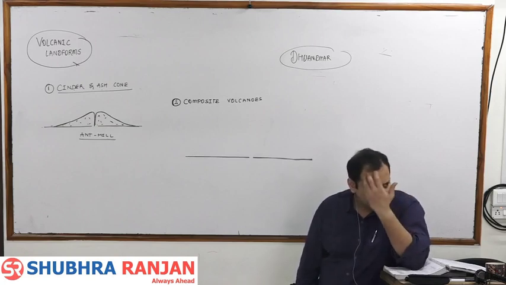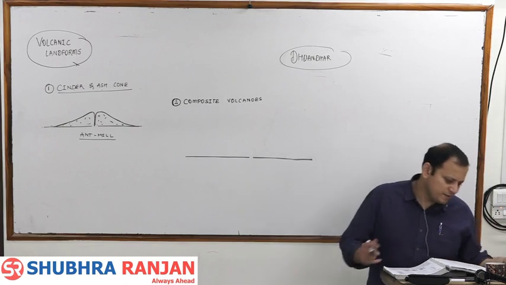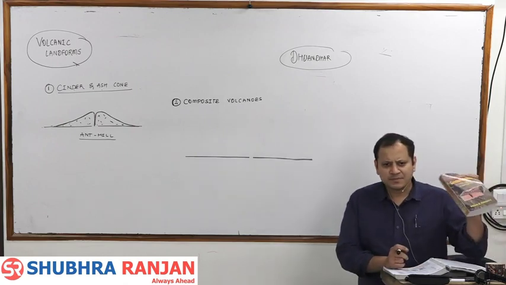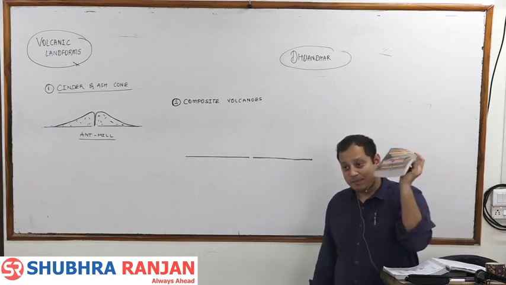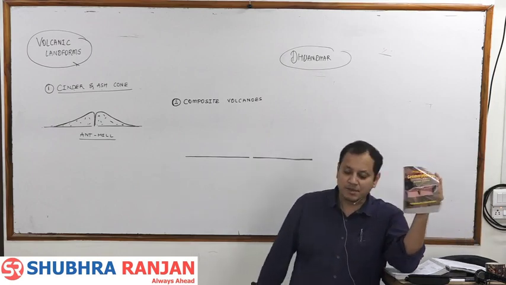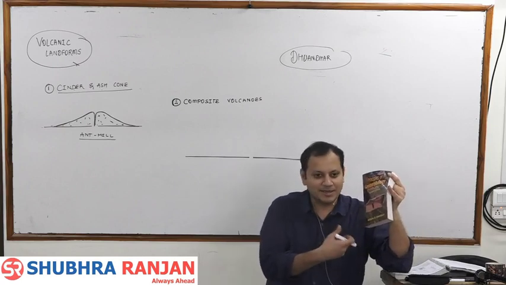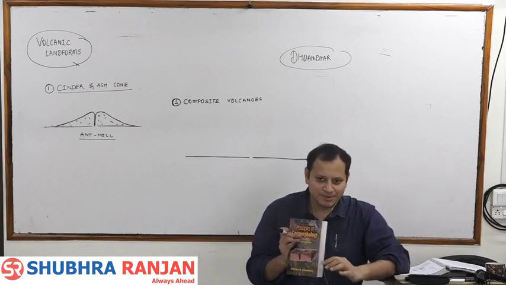Right. And another pseudo volcanic feature is mentioned in this book. So there is an entire chapter on the pseudo-volcanic features. But obviously students won't be buying Thornbury's book. The book of the person whose theories we study, you won't read.